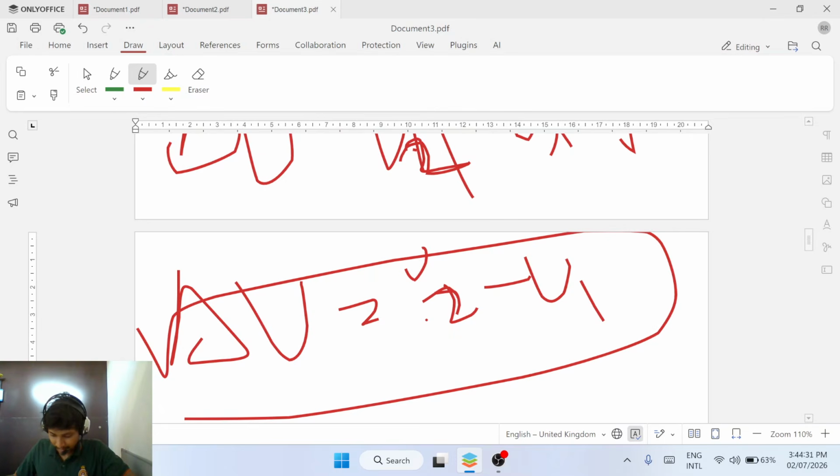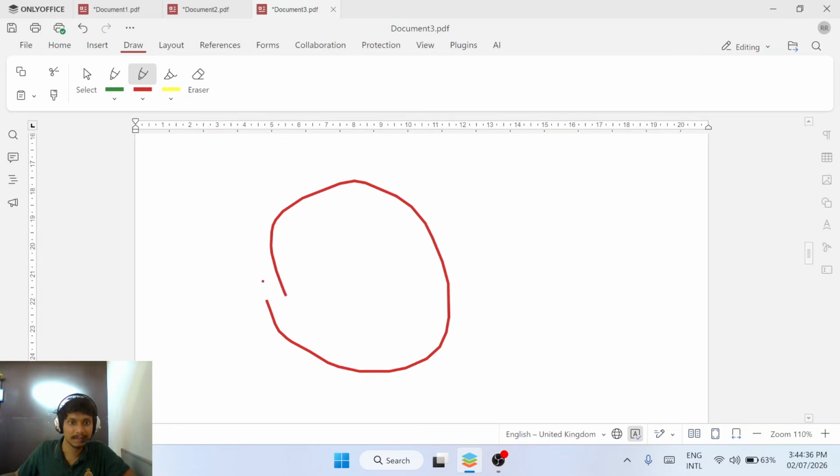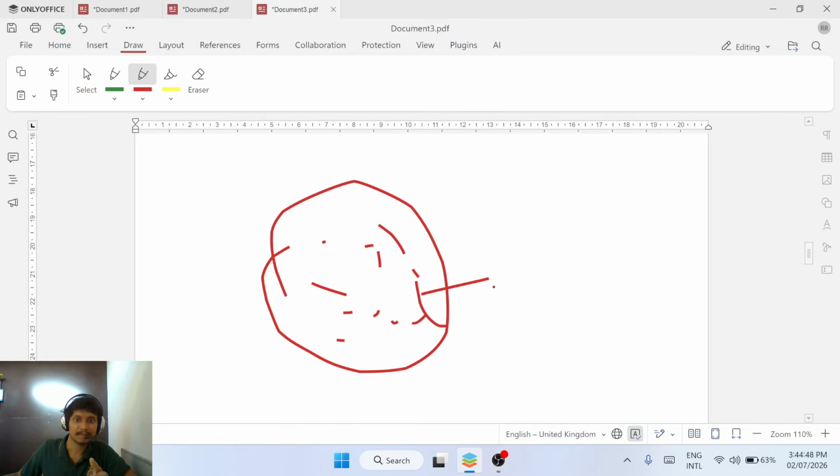For example, this is the system. There is a gas inside of this system. The internal energy of the system is now U1.